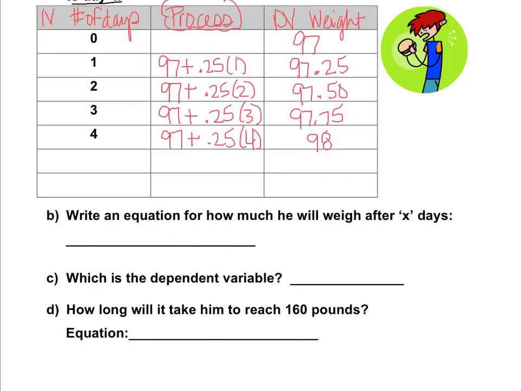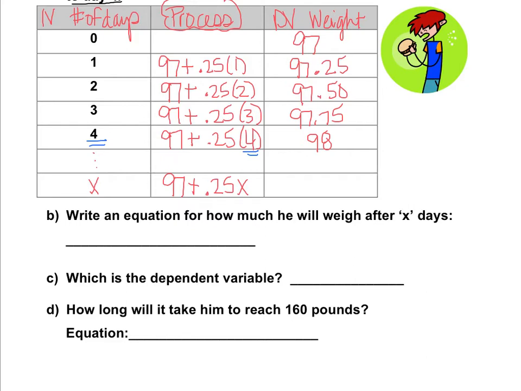Now, if I was going to continue this on all the way to just any number, I'm going to call that x. So as I continue on, I'm going to be changing this value right here to be representative of my days. So to write an equation for this, it would be 97 plus 0.25 times every day, which we're going to say would be x.